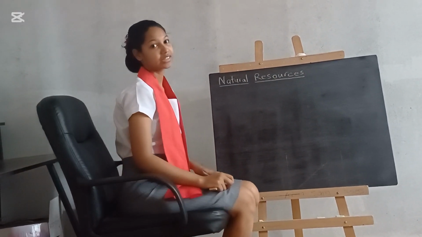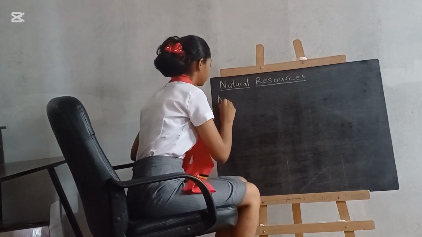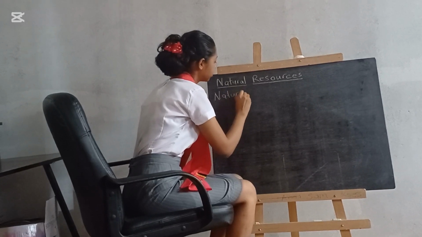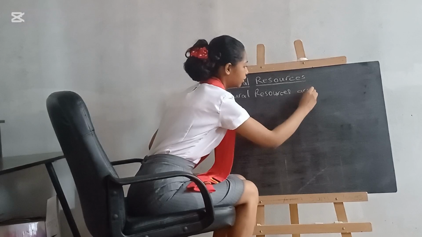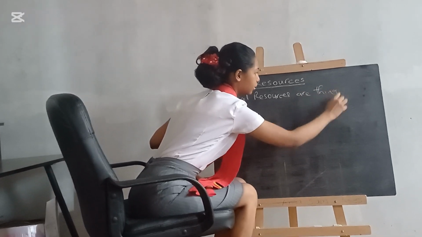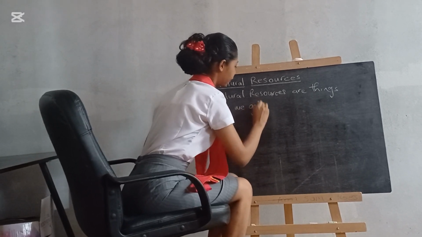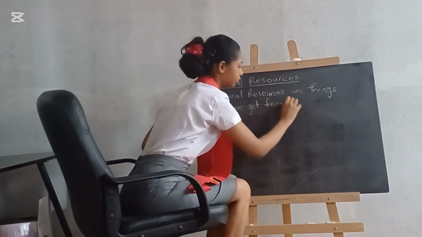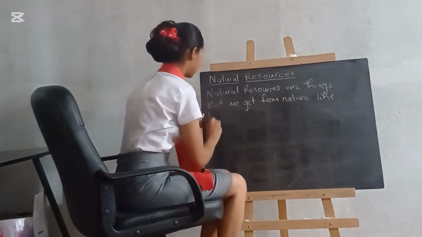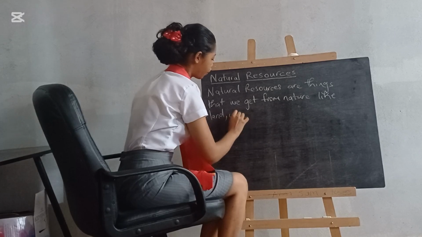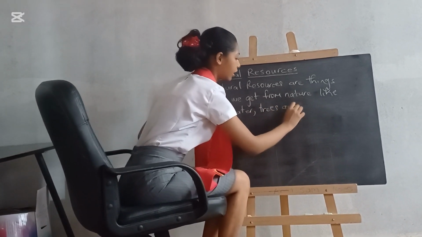Those are interesting guesses. Let's go ahead and define it clearly. Natural resources are things that we get from nature, like land, water, trees, and animals.